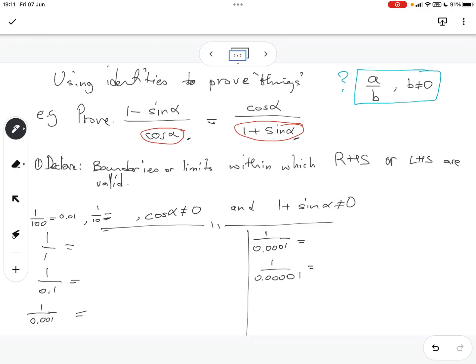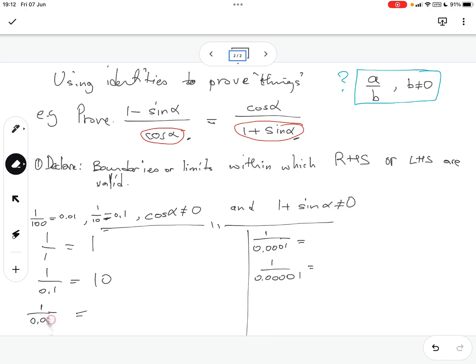So what's 1 divided by 100? 0.01. And 1 divided by 10 is 0.1. Then what's 1 divided by 1? It's 1.